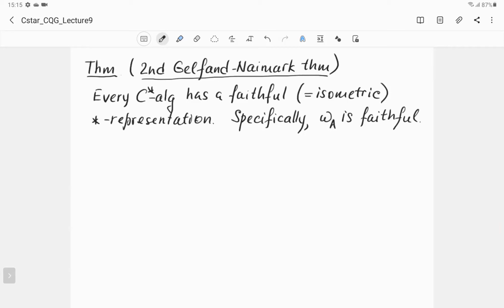To prove this result, we'll need the following important lemma.